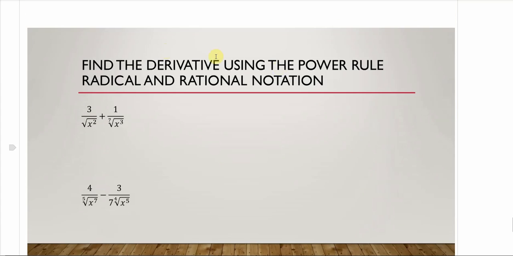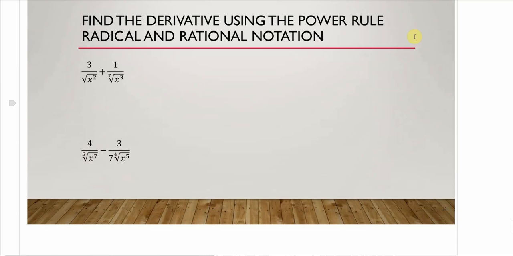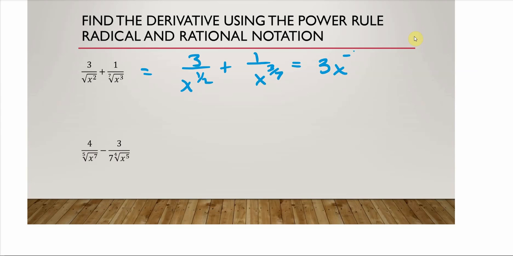And now comes the hardest one. This one though, you see what this problem does is it gives you the radical, gives you the denominator, and then you also have to rewrite it. So on this one, I'm just going to rewrite it as 3 over x to the 1/2 plus 1 over x to the 3/7. And now I'm going to shove them up, and I'm going to have 3x to the negative 1/2, and then plus 1x to the negative 3/7.